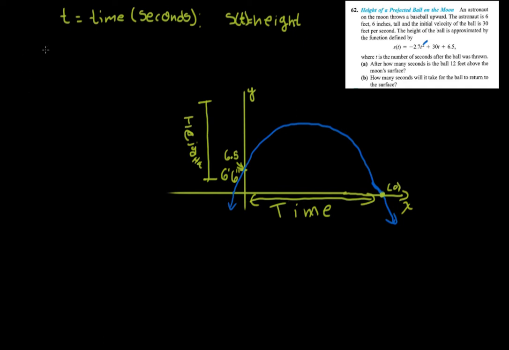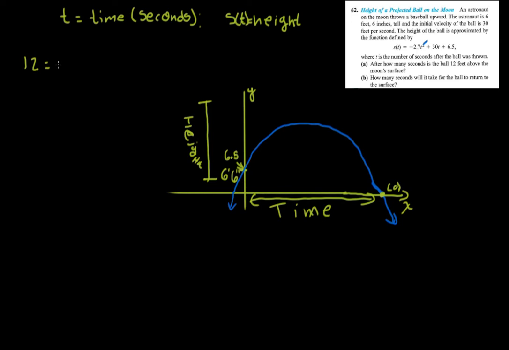So we're gonna take s, and we're gonna say after how many seconds is the ball 12 feet? So we're gonna say the height is 12, right? So f of t will become 12, right?